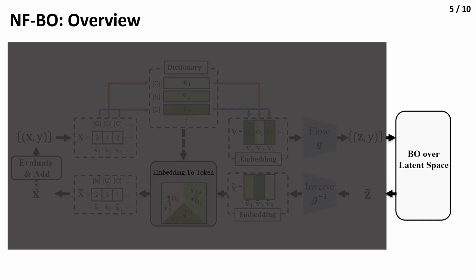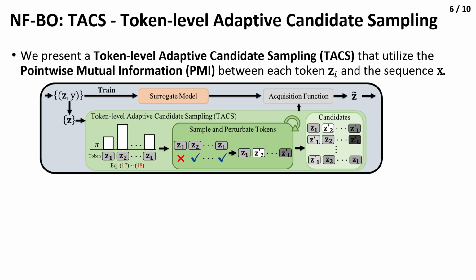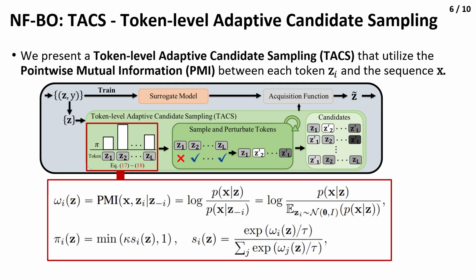And lastly, we can change the way candidates are selected for search in the latent space. We present token-level adaptive candidate sampling, which adaptively chooses the latent tokens Zi that we have to explore more, and the selection of the token is determined based on the pointwise mutual information between each token of Z and the sequence X. Specifically, the probability of sampling and perturbing a token is given by the equation below.